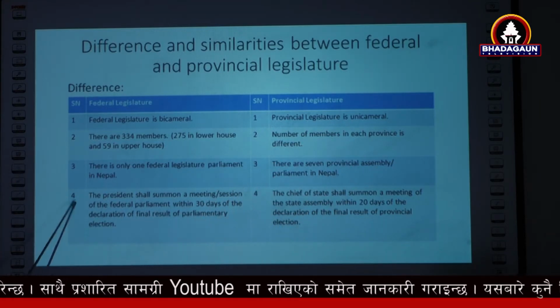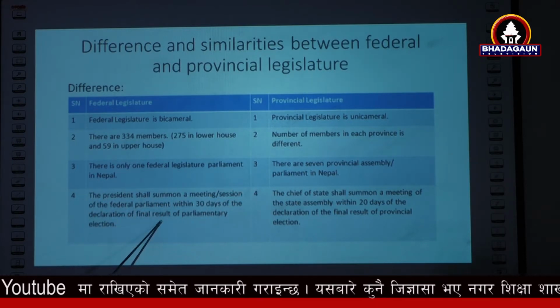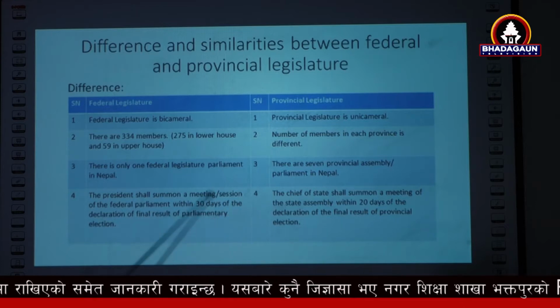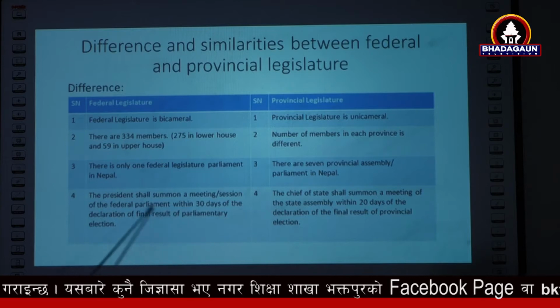Number 4, the president shall summon a meeting session of the federal parliament within 30 days of declaration of final result of parliamentary election.